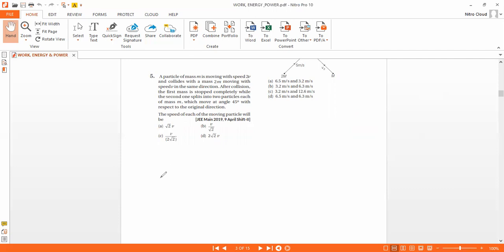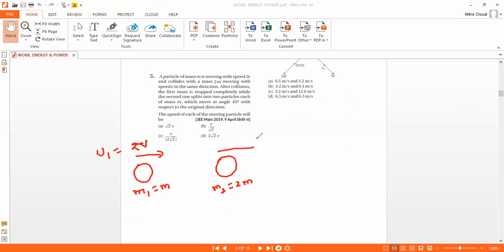That means the first particle has a mass m and is moving with 2v, that is u1 is equal to 2v. It collides with another particle of mass 2m, which is moving with a speed v.